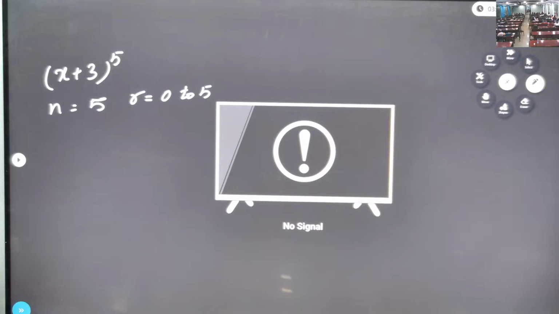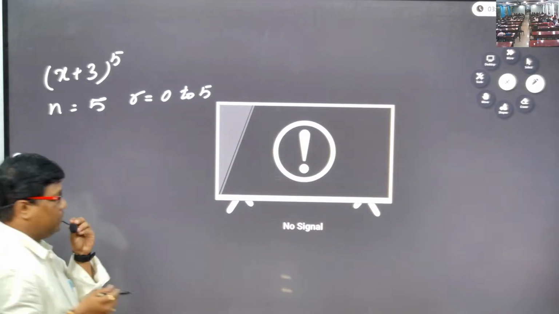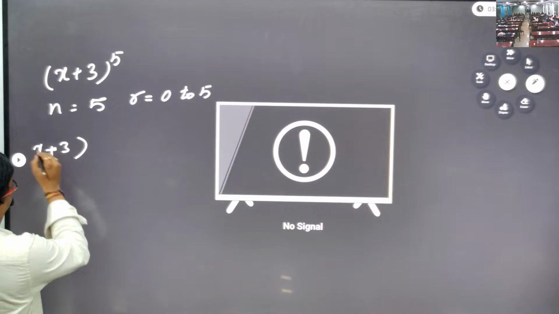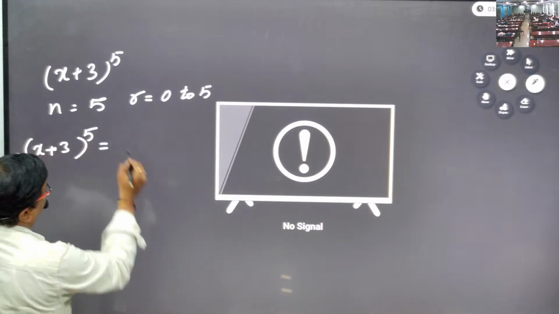What are the values that you are getting? What are the values that we need to get? x plus 3 power 5 is equal to, right.